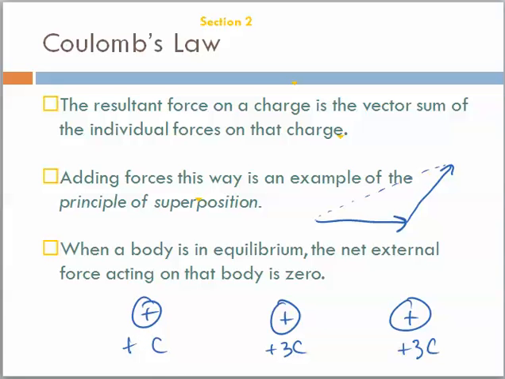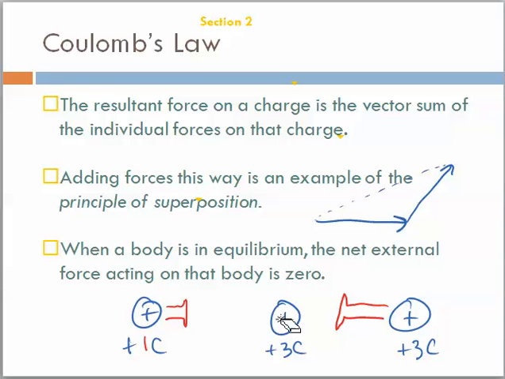Let's take this one over here to the left and now say it becomes 1 coulomb. Well, on the right it's got 3 coulombs, so it's going to have a much larger force pushing it away. And on the left side we're going to have this smaller force pushing it away. Well, what's going to happen is it's going to move to the left until it becomes in equilibrium.